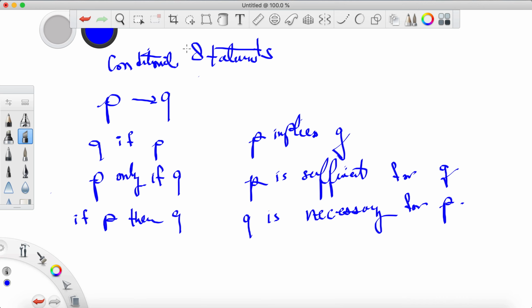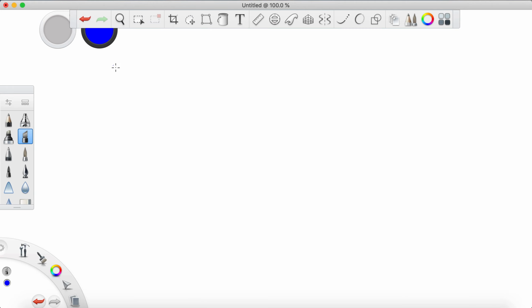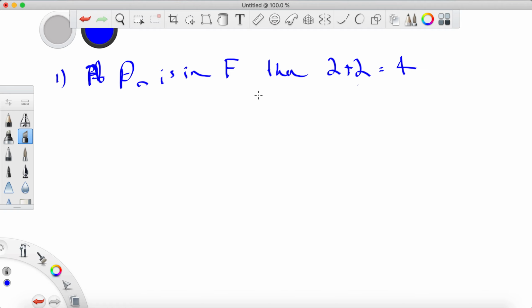Okay, so I previously said that the conditional statements are quite odd. They result in some very weird conclusions, and so here we're going to go through some examples. The statement: if Paris is in France, then 2 plus 2 equals 4. If Paris is in France, then 2 plus 2 equals 5.